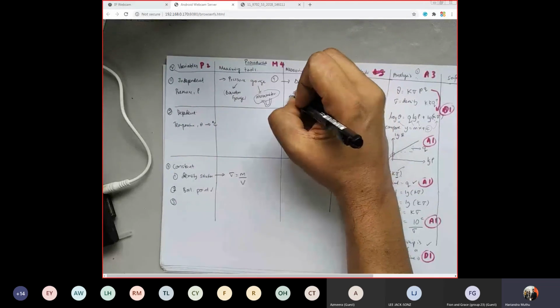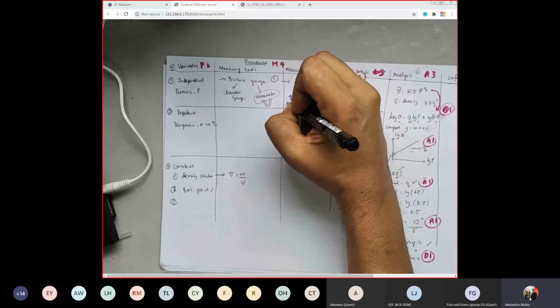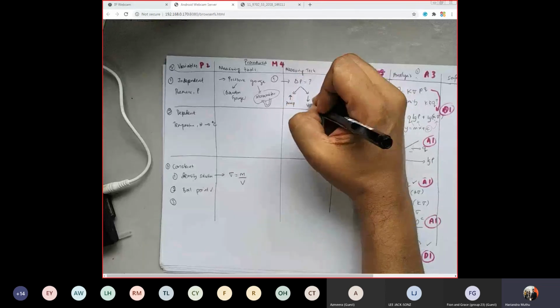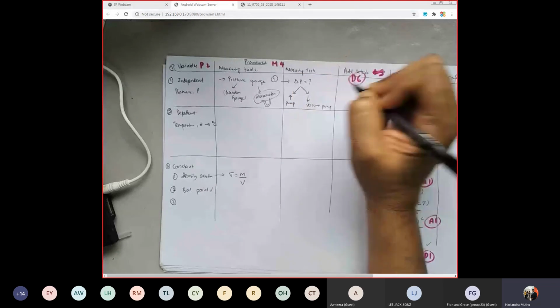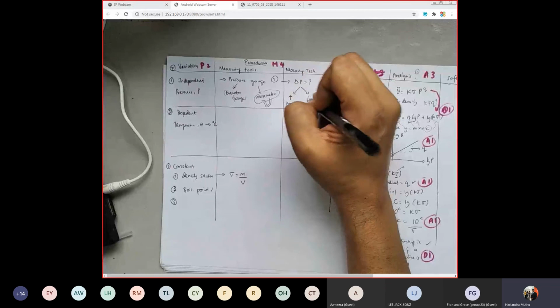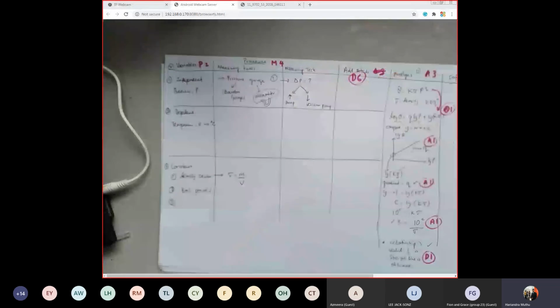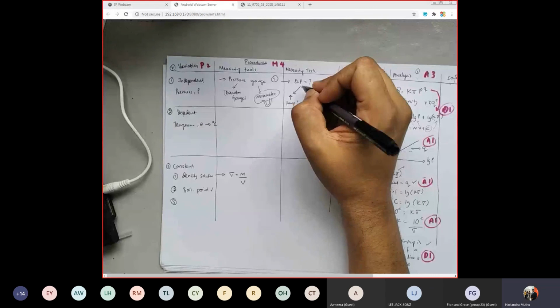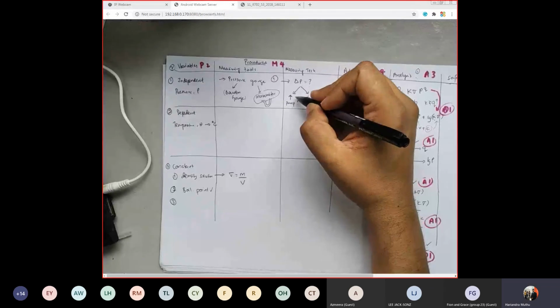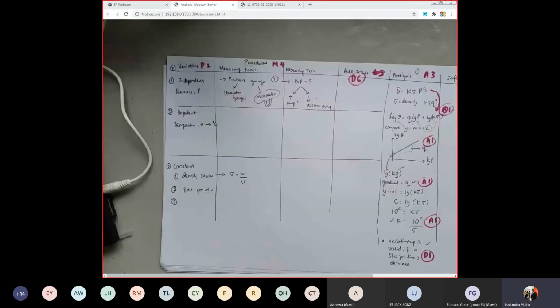If you're going to increase the pressure, then you need to use a pump. If you're going to decrease the pressure, then we use a vacuum pump, right? This will increase the pressure, this will decrease the pressure. This is something you have to explain in the measuring technique: how you change the pressure, whether you want to increase or decrease, and what will be the best tool. So if you're going to increase, you have to use an air pump.